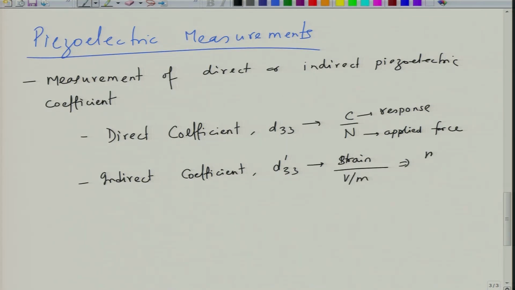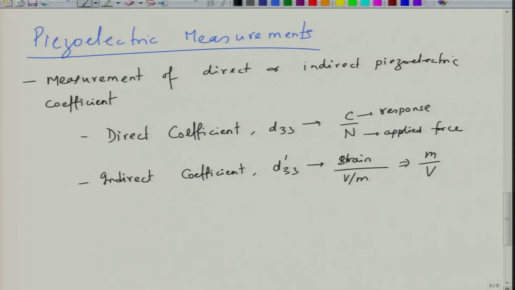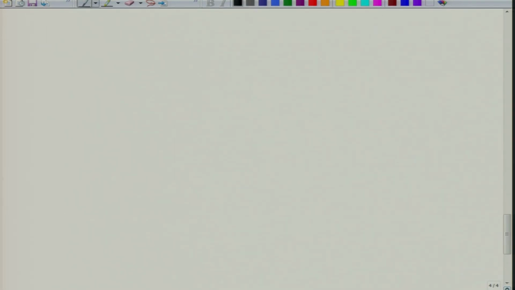So, basically what you are measuring is meter per volt. How much is the change in length or change in height that you observe upon application of a certain voltage. So, this is the indirect coefficient, and there are various methods which achieve this.